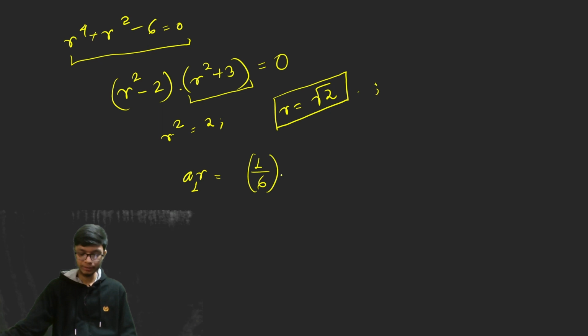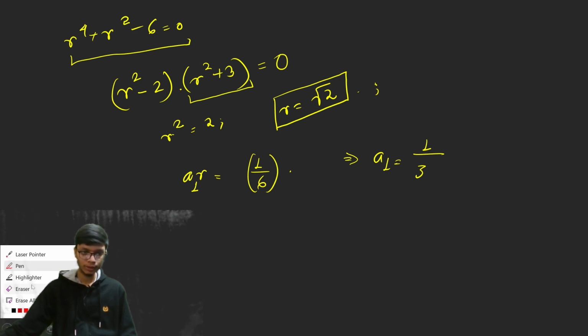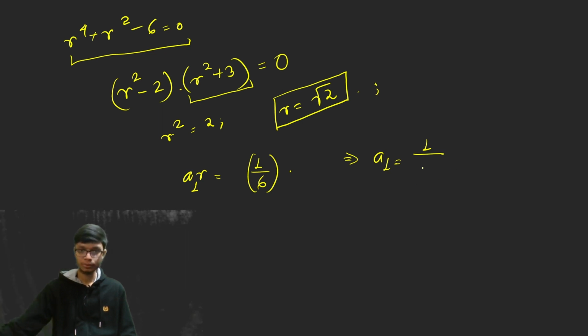So you can definitely compute this result. a1 into r is equal to 1 by 6, and you will get the value of a1 as equal to 1 by 3 into r to the power cube. So that will be equal to 1 by 6 root 2. So a1 value will be equal to 1 by 6 root 2.